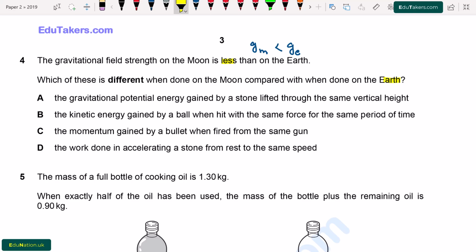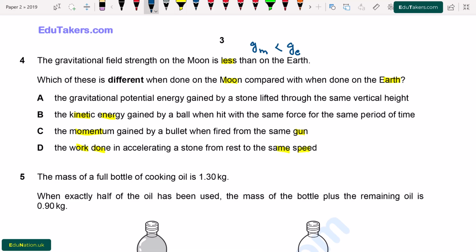Option A, the gravitational potential energy gained by a stone lifted through the same vertical height. B, the kinetic energy gained by a ball when hit with the same force for the same period of time. C, the momentum gained by a bullet when fired from the same gun. D, the work done in accelerating a stone from rest to the same speed.